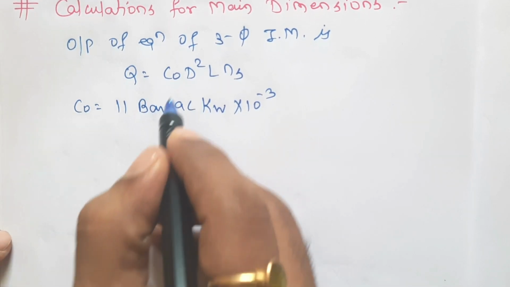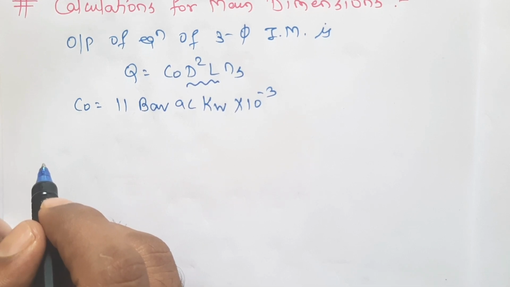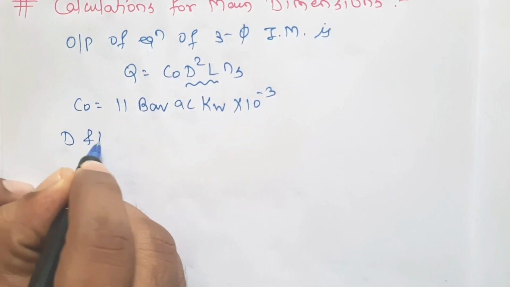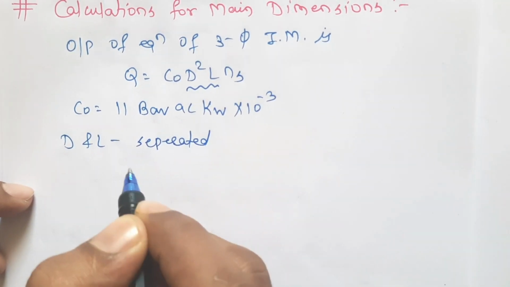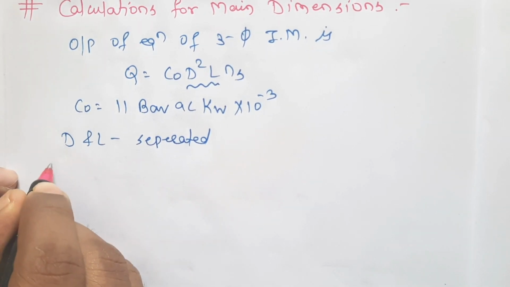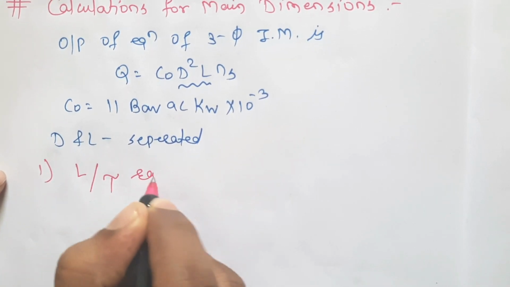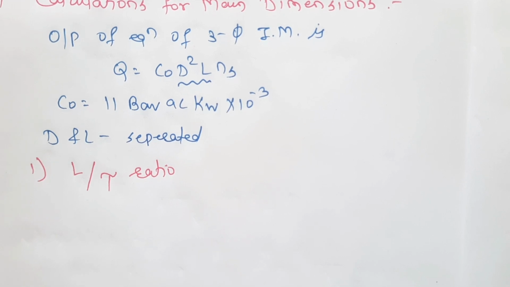The product of D square L is separated into two parts, that is D and L. D and L are separated by two methods. The first one is the ratio of core length to pole pitch, the L by tau ratio.